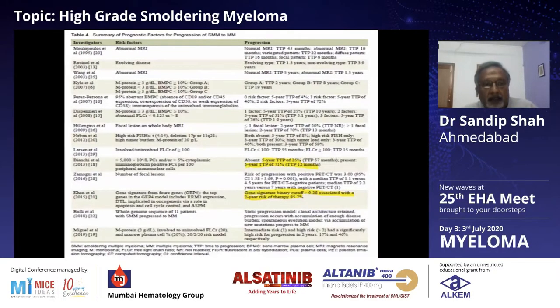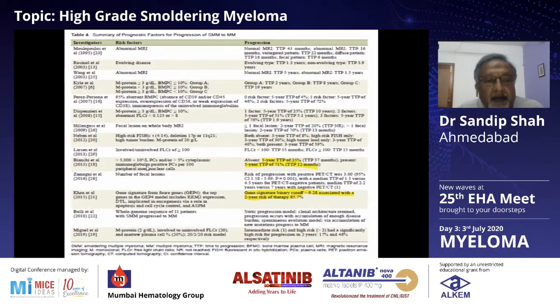And all these risk factors are validated by different studies. There are multiple studies, and these were discussed by Dr. Saji Kumar in his lecture. Few of them were discussed by Dr. Saji Kumar, and we will discuss some of the risk models later on.